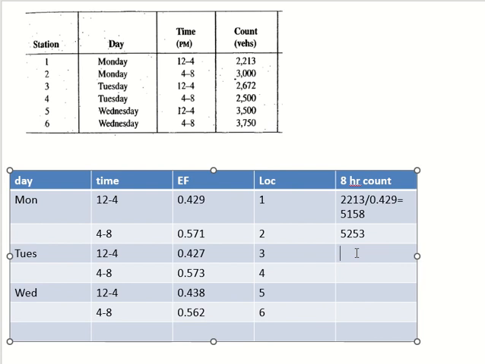For location 3, the count is 2672. Divide by the factor of Tuesday 12 to 4, which is 0.427. How much?